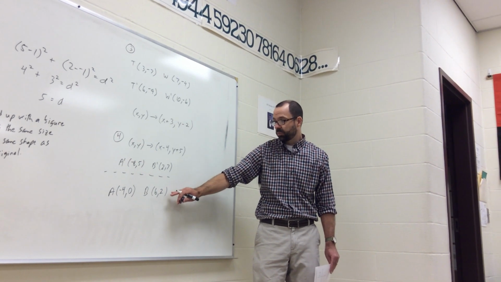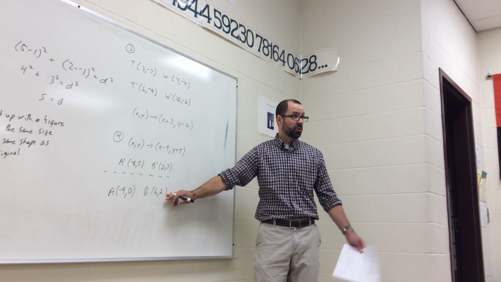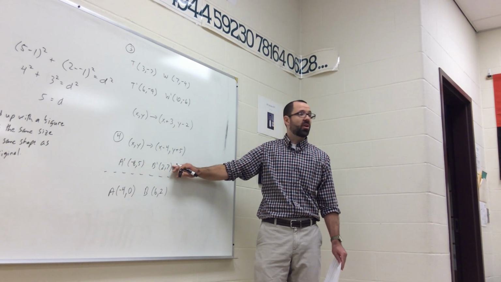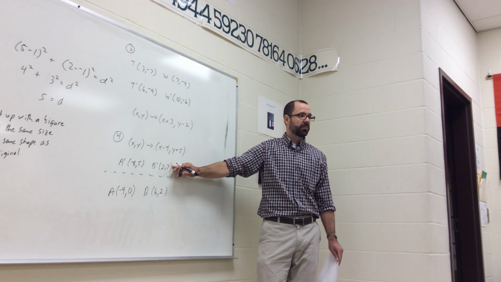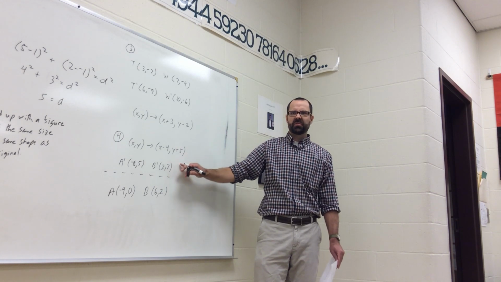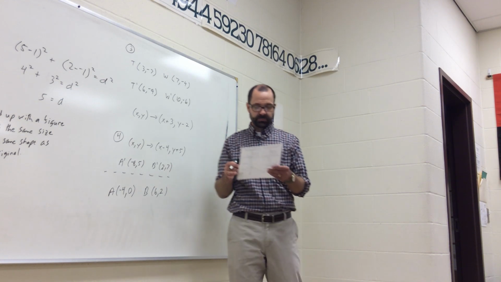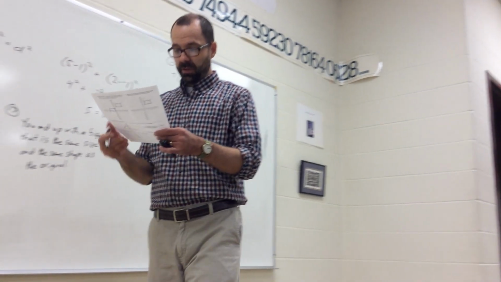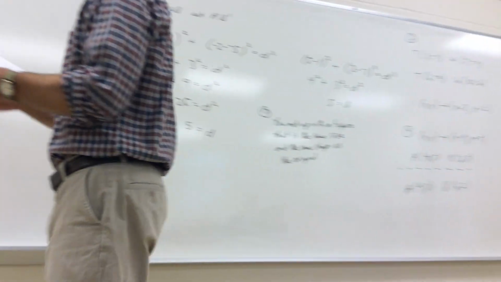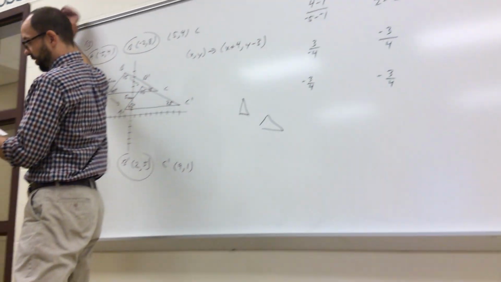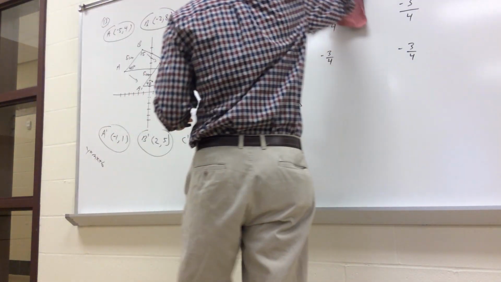Okay, so this is called the pre-image, the old one, and this is called the image, the new one. And this problem was a little bit tricky because they gave us the new one and we had to work backwards to find the old one. Okay, last one I'm going to look at with you is number 5.